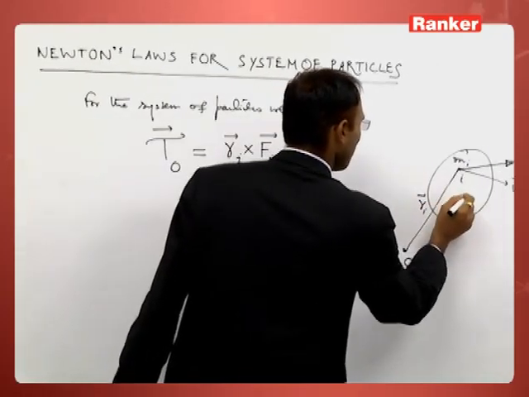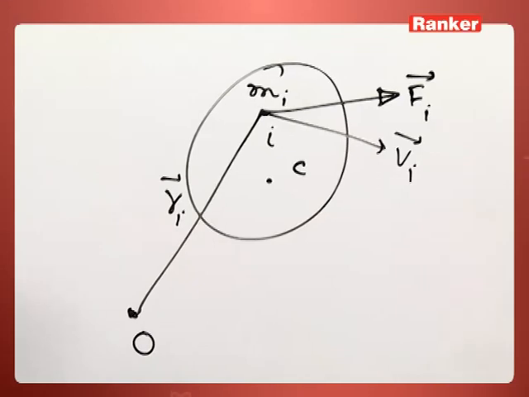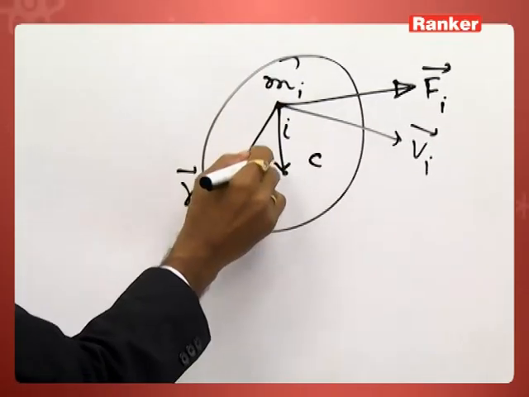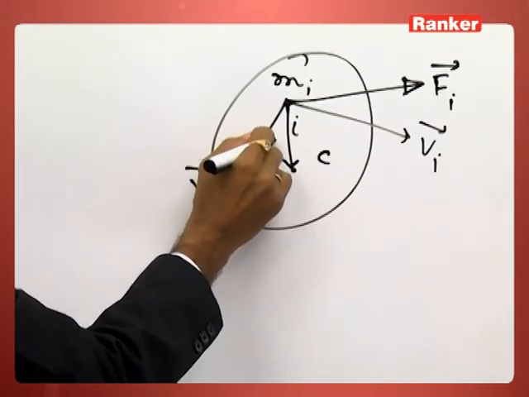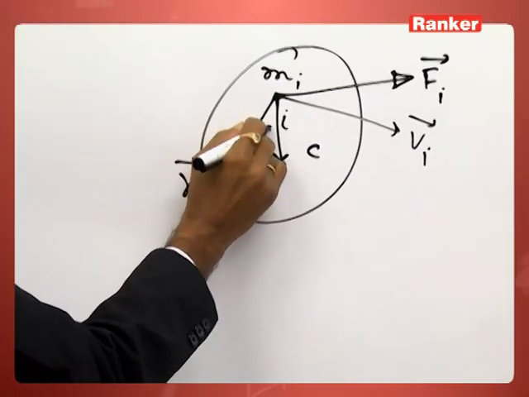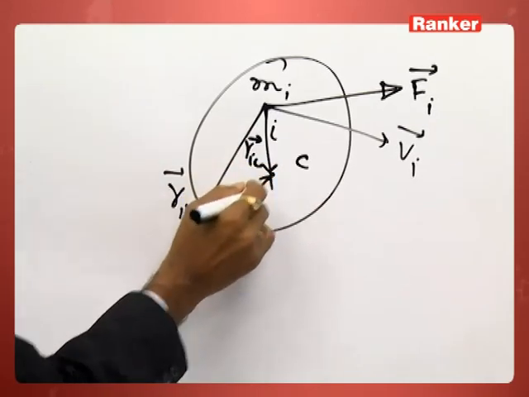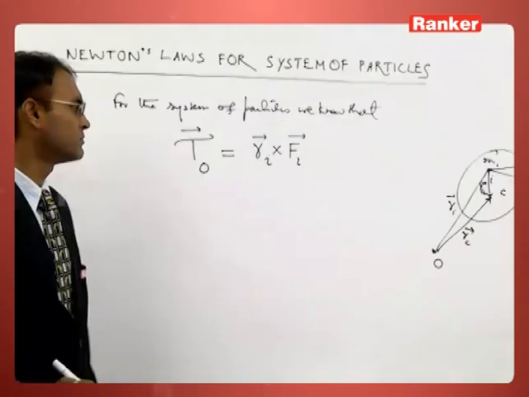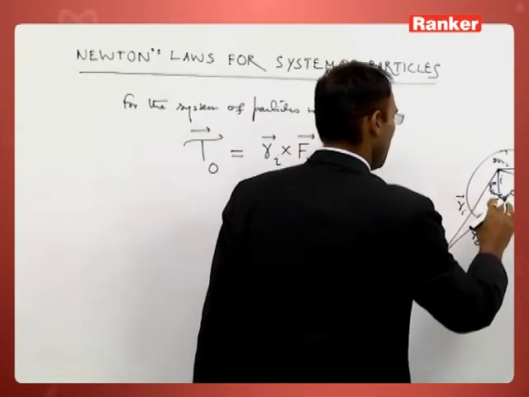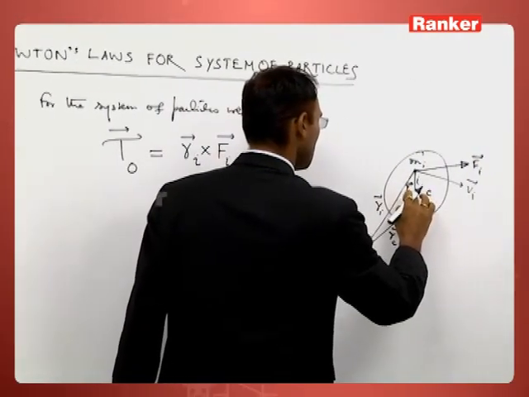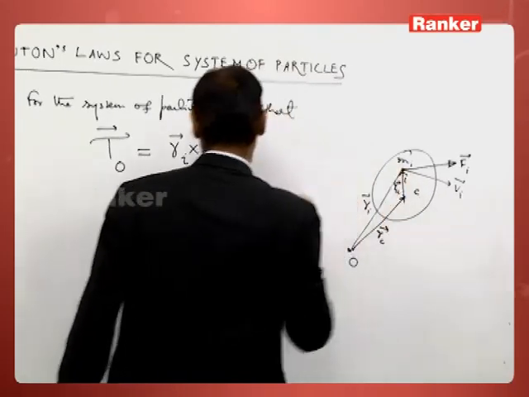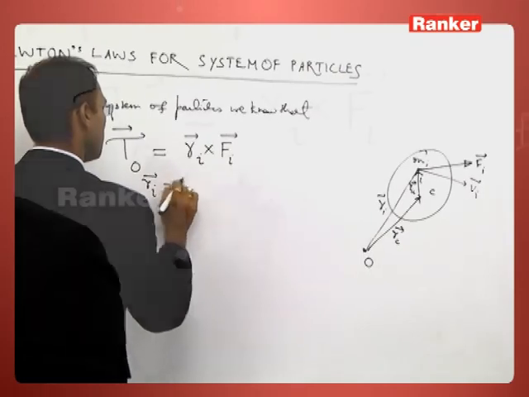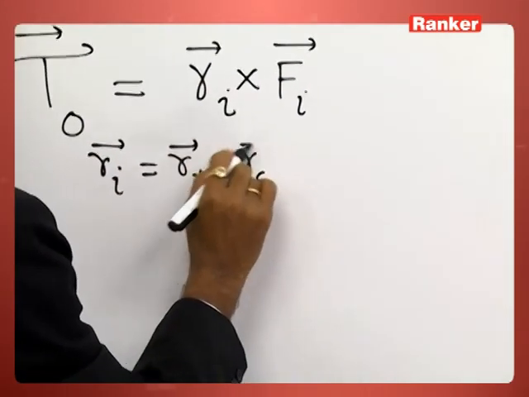If you take the center of mass somewhere here, Ri can be written as RiC plus RC.